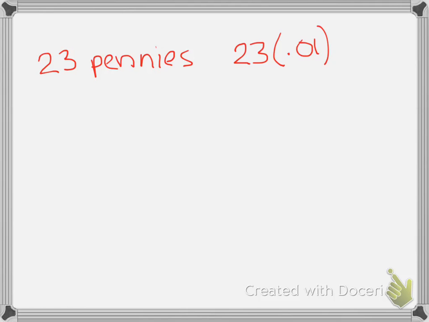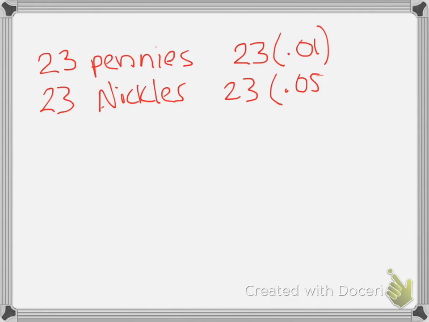If I have 23 pennies, that's going to be 23 times 0.01. If I have 23 nickels, that's going to be 23 times 0.05.